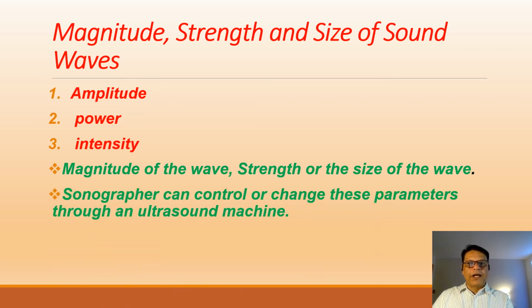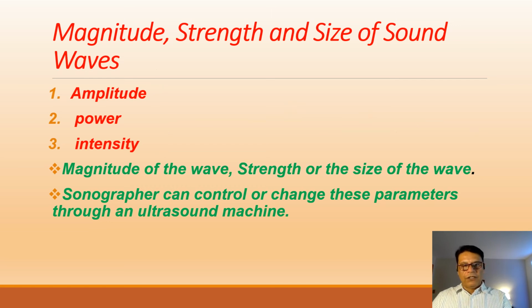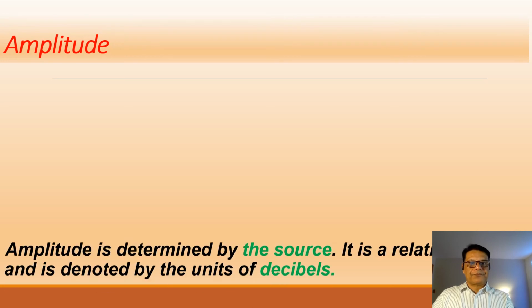And a sonographer can easily control these 3 parameters by pressing some knobs on the console of the ultrasound system. And we will discuss those knobs and their function in knobology when we discuss the knowledge of the ultrasound system.